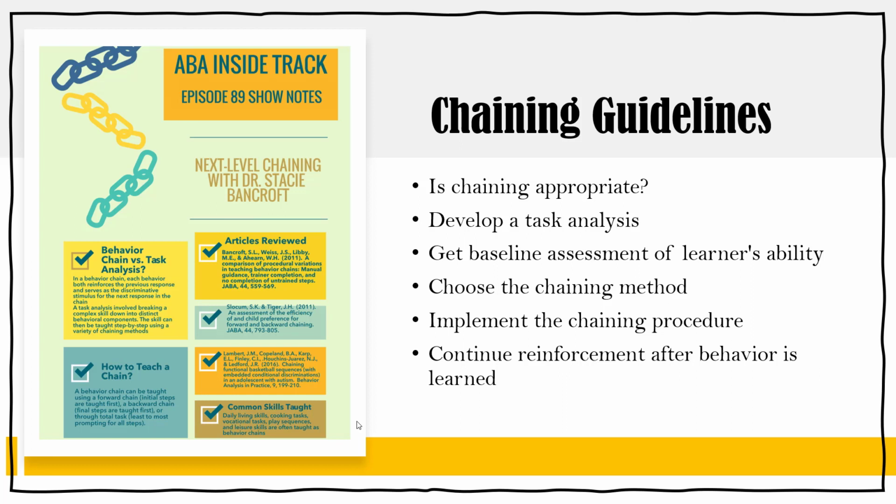Remember, during acquisition, it should be a continuous reinforcement schedule. Even after the behavior is learned, you want to continually reinforce the behavior to make sure they are continuing to engage in it. Once they're reliably engaging in that complex skill, then you can start to fade out, or thin out, your reinforcement schedule.